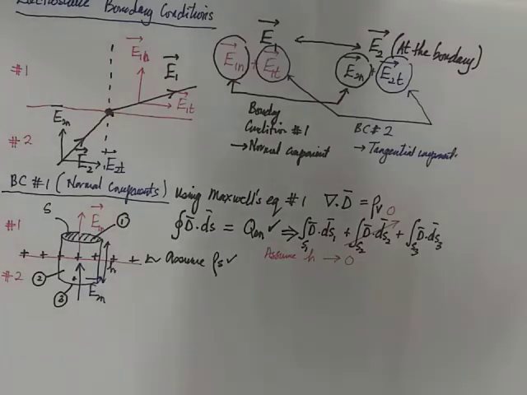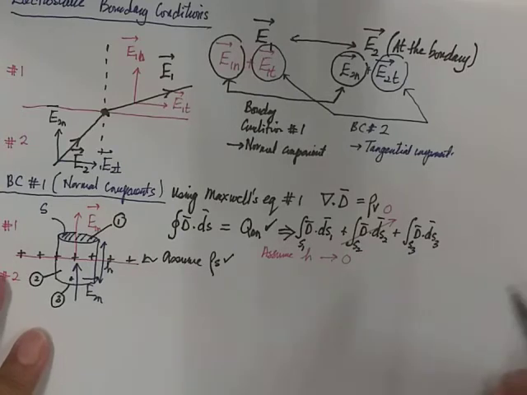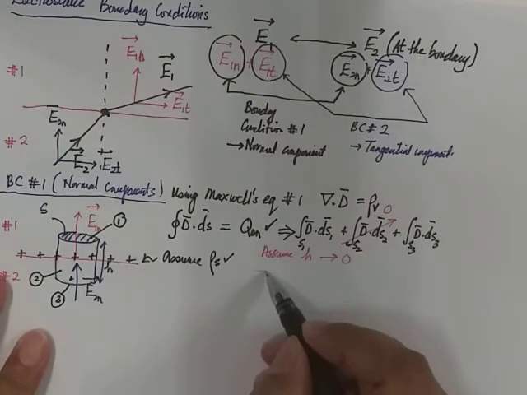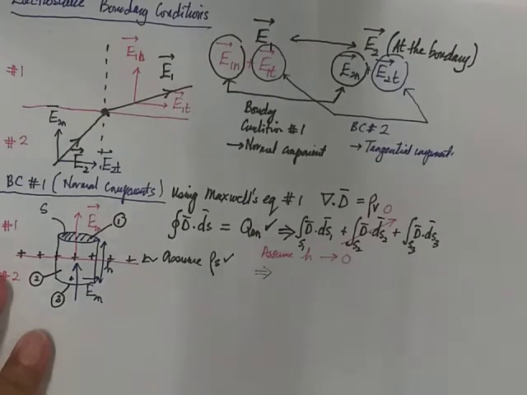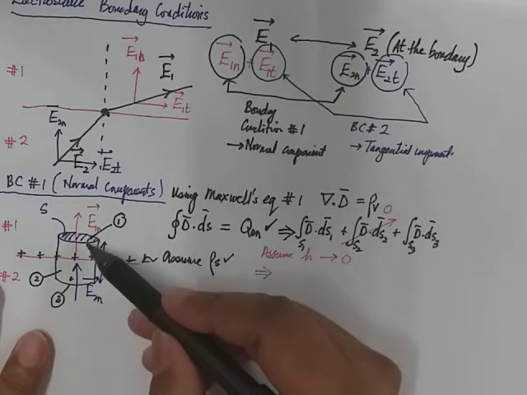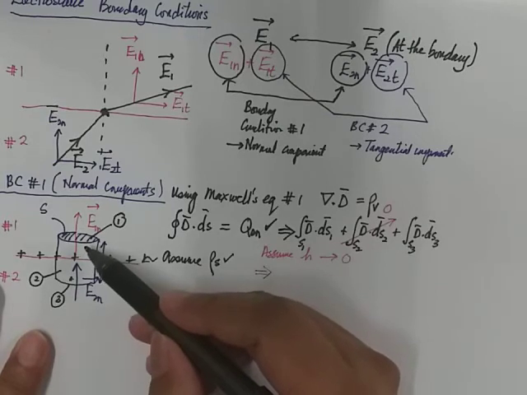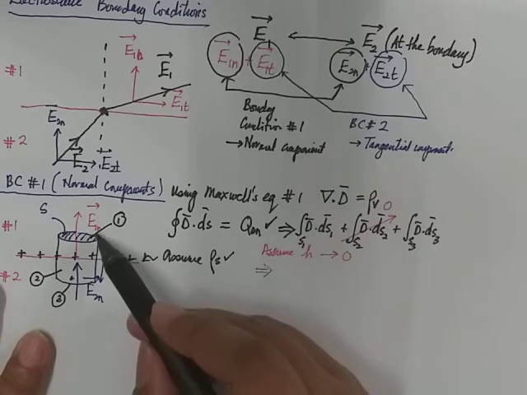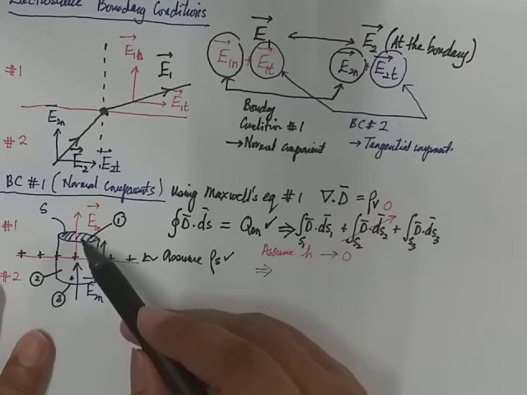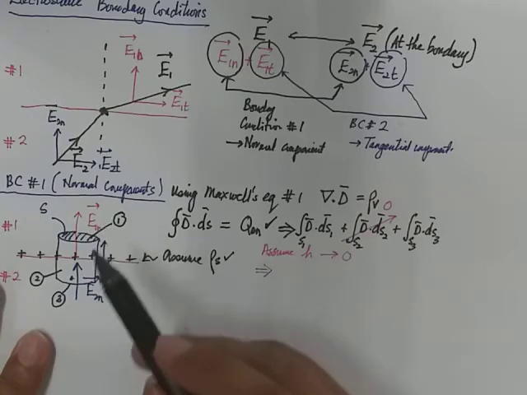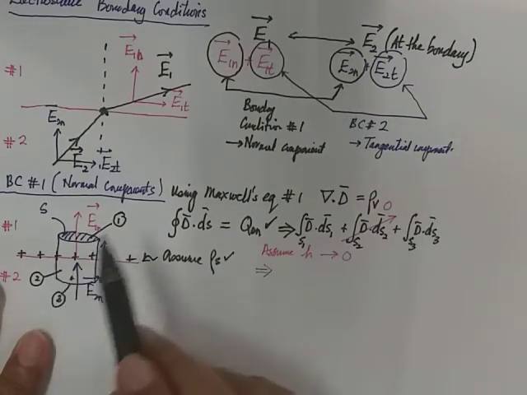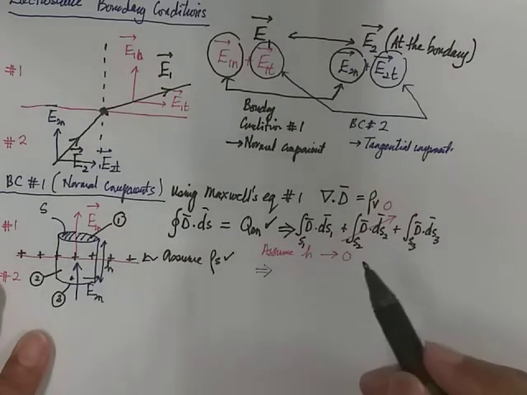Okay, so let's do the mathematics now after ignoring area number 2. Let's look at side number 1 here. What can we see? We can see E1n direction-wise to be upward. Do we agree? Going up? Yes, because we know that D and E are actually the same.